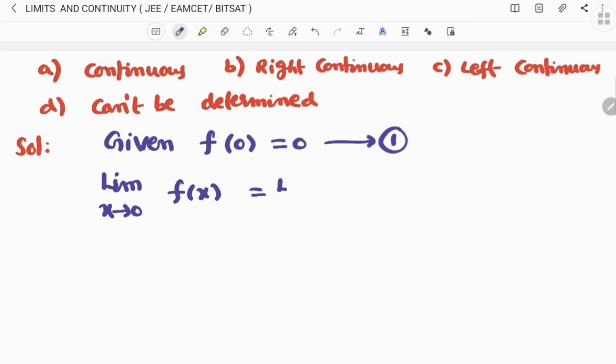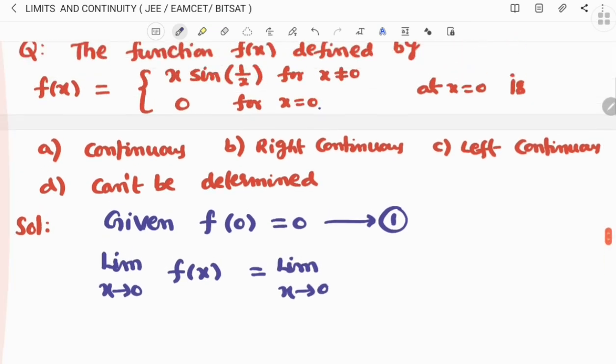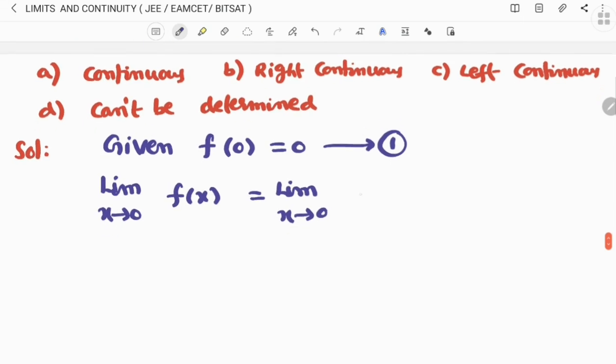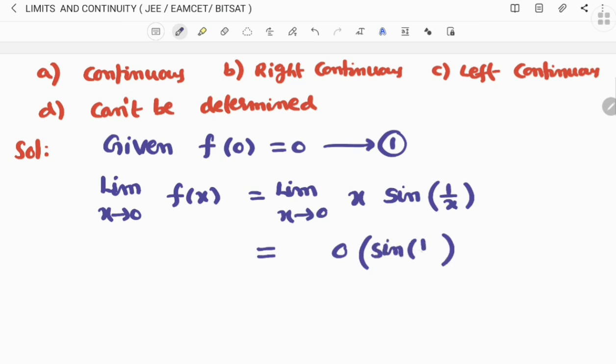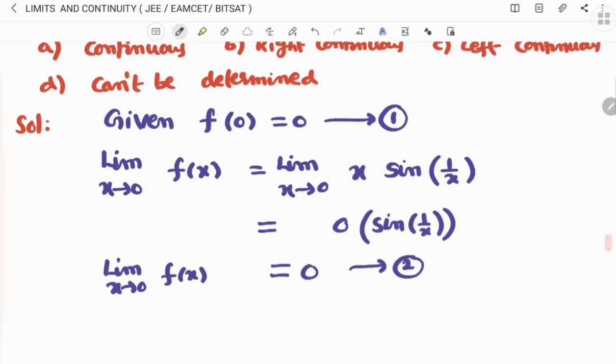In place of f of x, the function is x into sine of 1 by x. If you directly substitute x equal to 0, 0 into anything is 0. So directly this value goes to 0. So limit x tends to 0 of f of x equal to 0, from 1 and 2.